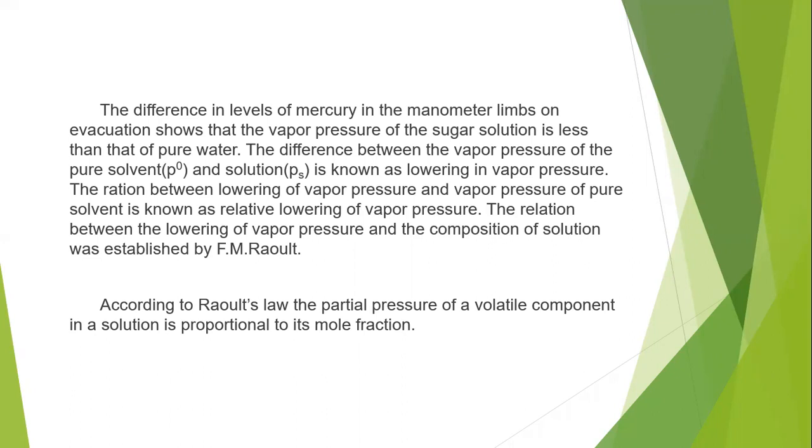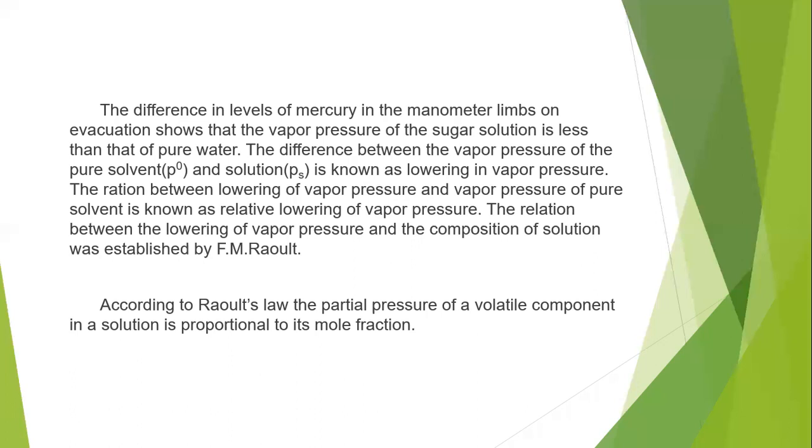How can we calculate the relative lowering of vapor pressure? The relative lowering of vapor pressure is the ratio between the lowering of vapor pressure and the vapor pressure of the pure solvent. According to Raoult's law, the partial pressure of a volatile component in a solution is proportional to its mole fraction, which we already know.